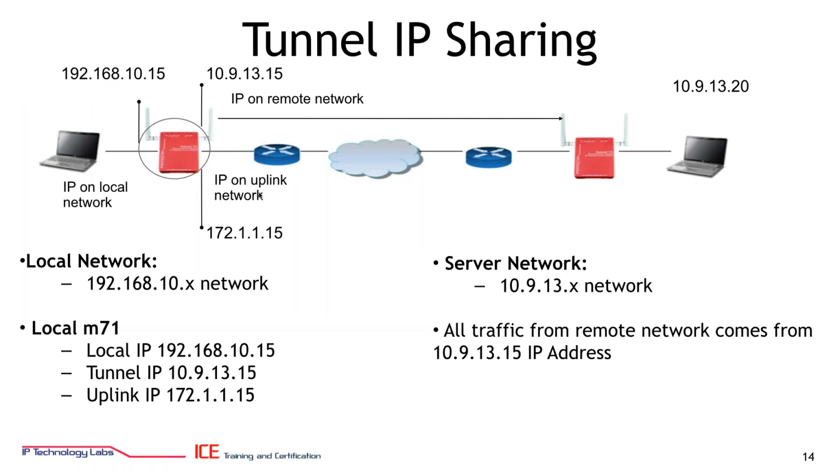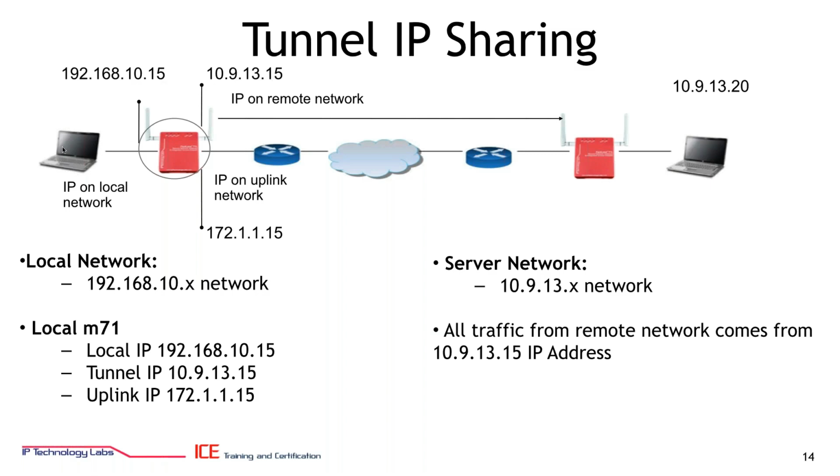So I've got a remote device connected to a router. It's got a 172.1.1.15 address and a local side network of 192.168.10. The tunnel gets established with the head office, and once this tunnel gets established, it sends a DHCP request down the tunnel and gets an IP address from the head office DHCP server. So it gets a 10.9.13 address.